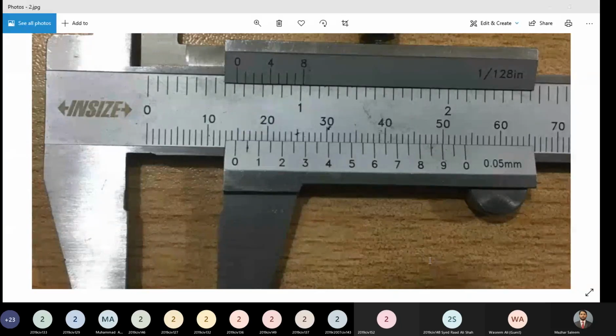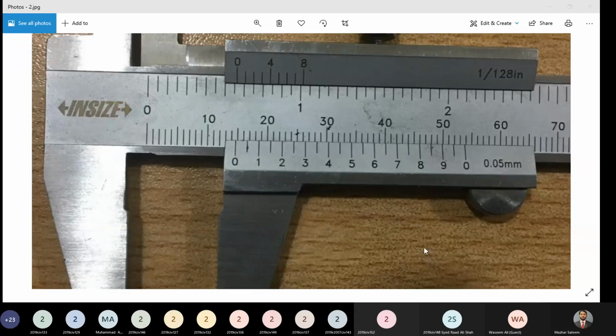Because the 0 of the vernier scale is ahead of the 14th division of the main scale. That's why it's 14, and so the 14 full millimeters are there. And vernier scale reading is 15 because the 15th line of the vernier scale is coinciding with a division of the main scale. Now the measurement will be equal to 14 plus 15 into 0.05, and that will make 14.75 millimeters.